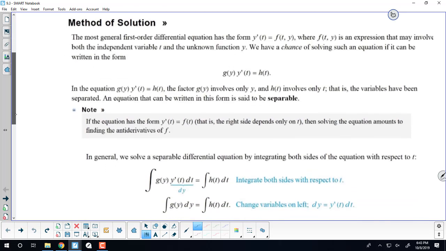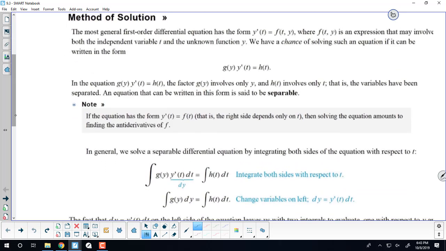But the method of solution: they have the most general first order differential equation. And remember, first order just means the highest derivative showing up is the first derivative. So we've got some function of t and y. It may involve the independent variable and an unknown function.